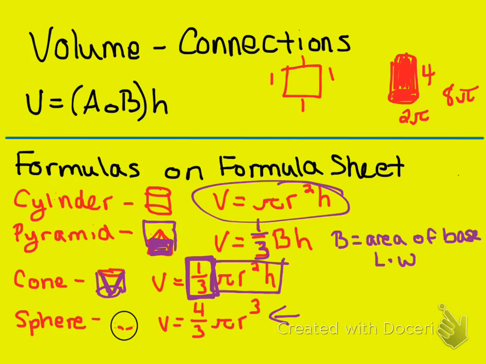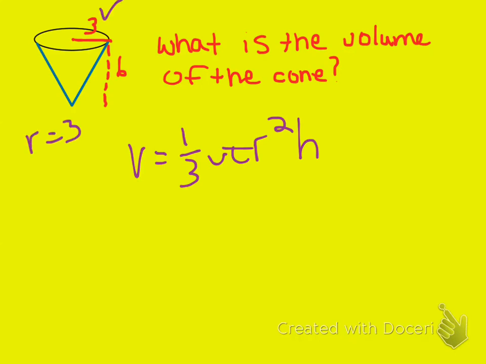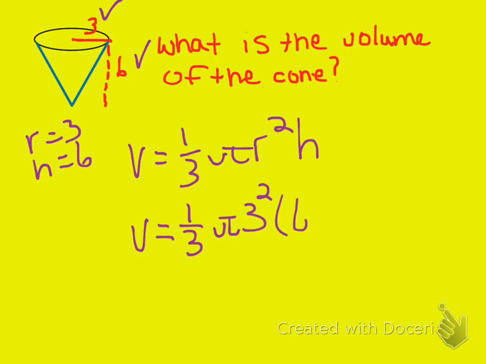So let's use a couple of these formulas just so that you understand what they are. Here we have, what is the volume of a cone? We just talked about volume of a cone is 1/3 pi r squared times the height. I notice that my radius is 3, and my height is 6. So all I have to do is plug this into the formula. Volume equals 1/3 pi 3 squared times 6.